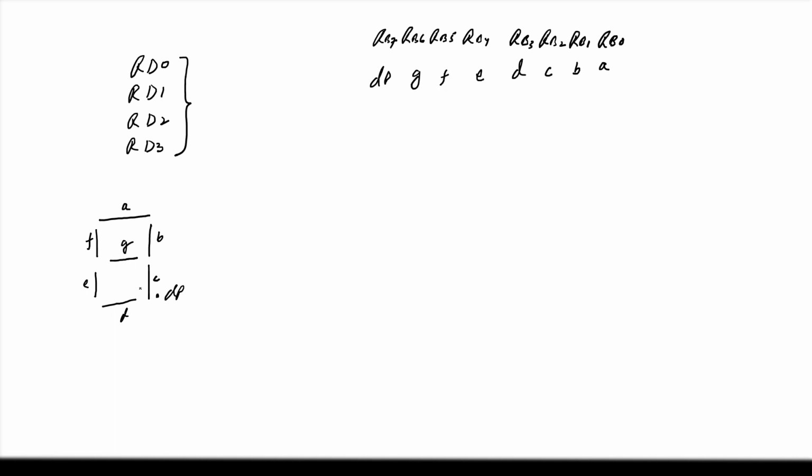To display the number 0 on this 7-segment display, only G and dot point will be off and all other segments will be on. So we can write G will be 0 and dot point will be 0 and all other segments will be on.